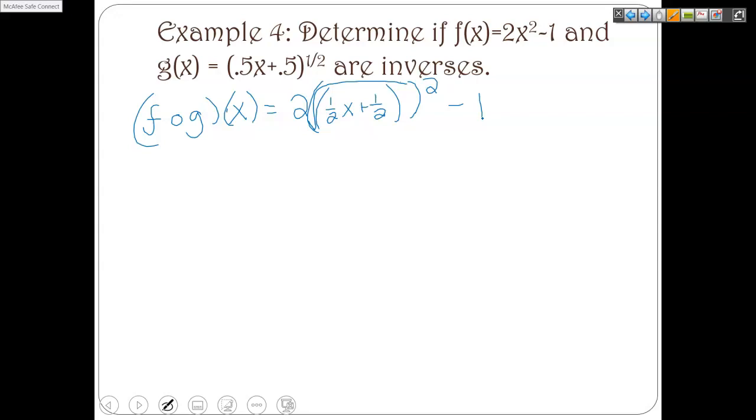So I wrote it both ways because I want you to know that. Square root and squares cancel each other. 1/2 and 2, multiplicative inverses, they cancel each other. Again, 2 times 1/2 will become 1. So you get x plus 1 minus 1, which is x. So you're like, hey, maybe they are inverses. Then you gotta do g of f.